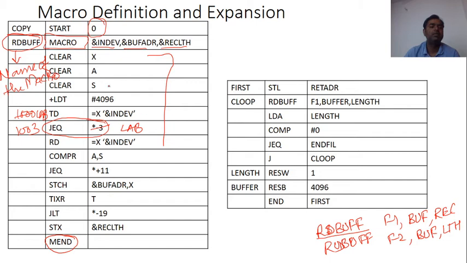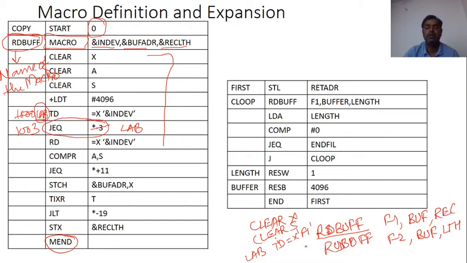But when that expansion occurs, you can see we will get this label lab 2 times. First it will be written clear x, then clear s, and in this way then lab, and the statement td =x, and what is the value of indev? F1.